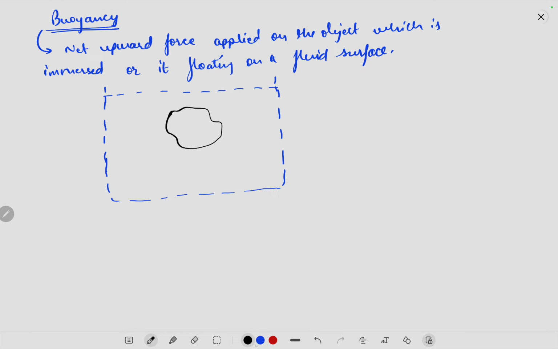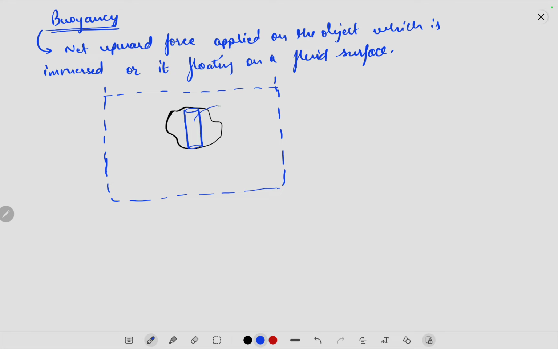Okay, so to study that, let's consider an elemental volume element in this body.